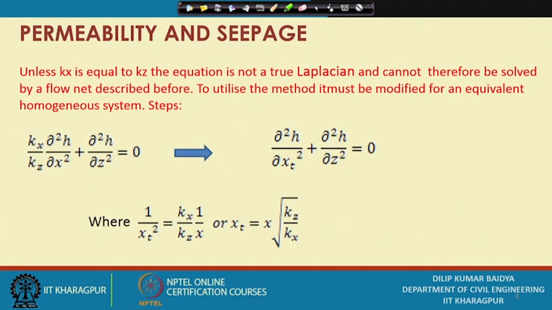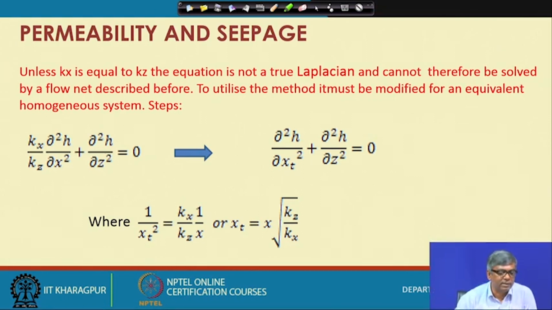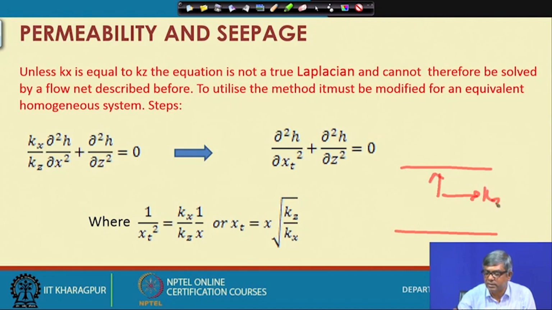Now, as I have mentioned, unless k x is equal to k z, the equation is not a true Laplacian equation and cannot therefore be solved by a flow net as described before. To utilize the method, it must be modified for an equivalent homogeneous system. That means, when k x and k y are different, suppose this is the soil mass and this is k x and this is k z, if they are different, then I cannot apply that.